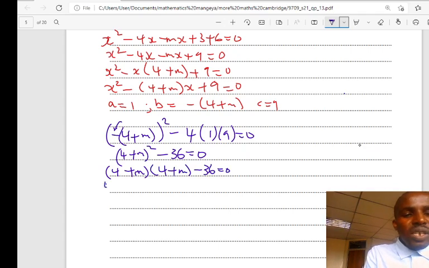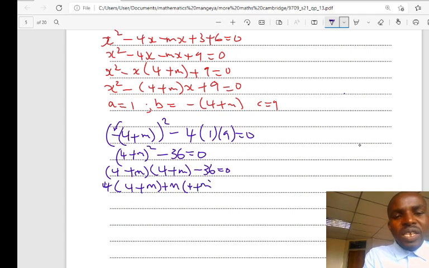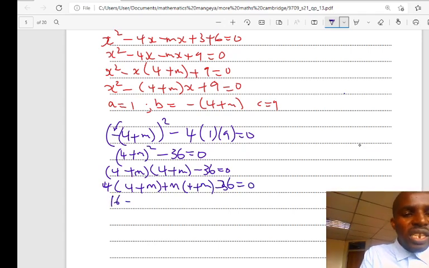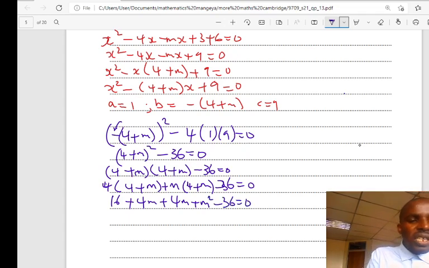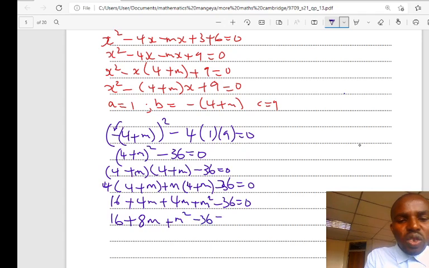Then 4 plus m, this bracket multiply this bracket, it will be 4 times 4 plus m, then plus m times 4 plus m, minus 36 is equal to 0. Then remove this bracket, 4 times 4, 16, 4 times m, 4m, plus 4 times m, 4m, plus m squared minus 36 is equal to 0. Then simplify further, 16 plus 8m here, plus m squared minus 36 is equal to 0.